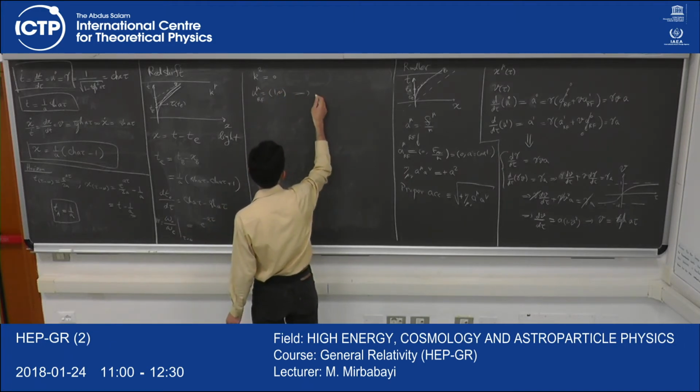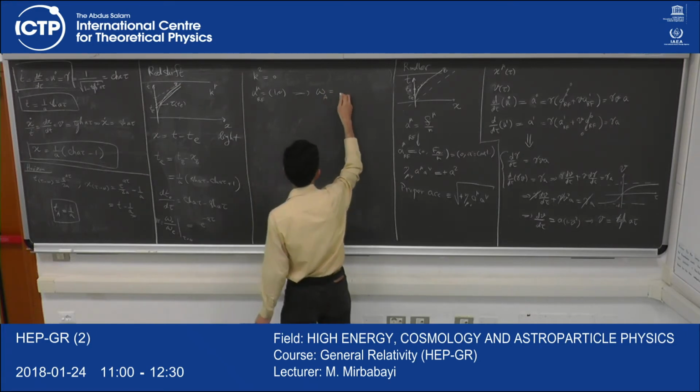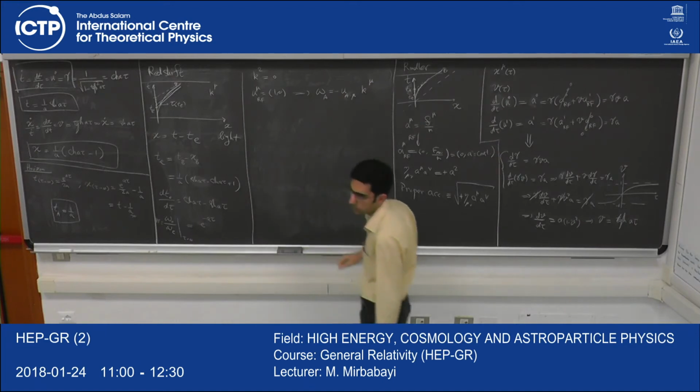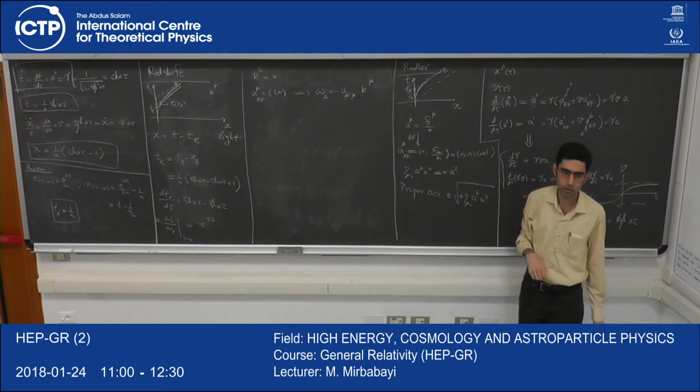So the frequency of the photon measured by some observer, say Alice, is equal to minus u_Alice μ times k^μ. That is exactly the zeroth component of k^μ in the rest frame of Alice.